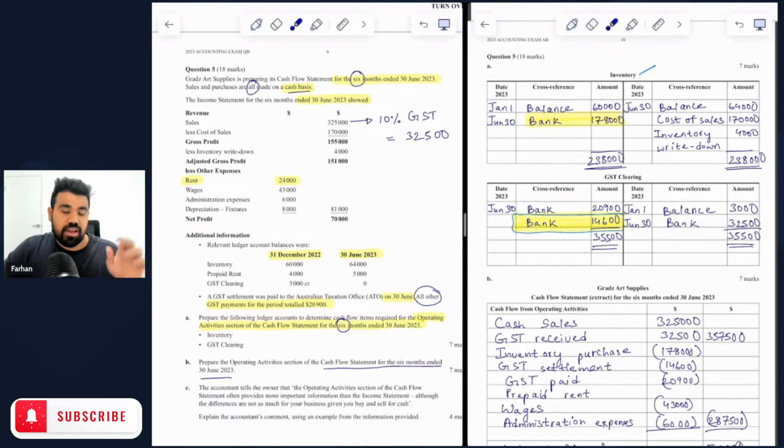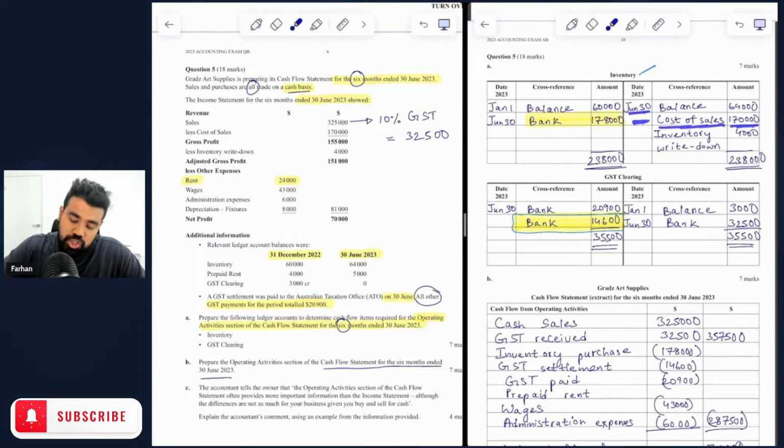So if the asset in terms of inventory is going down, then we have to credit that, right? So within the inventory ledger account, you will see that on the credit side, I've included cost of goods sold of $170,000. The exact date should be June 30, which, since we have already written it here once, you don't really have to write it again, but you can write it if you want, it doesn't really matter.